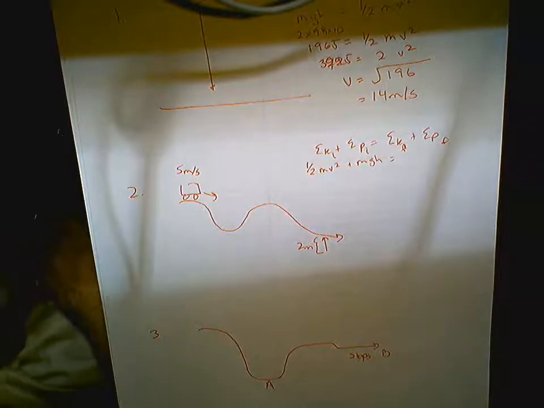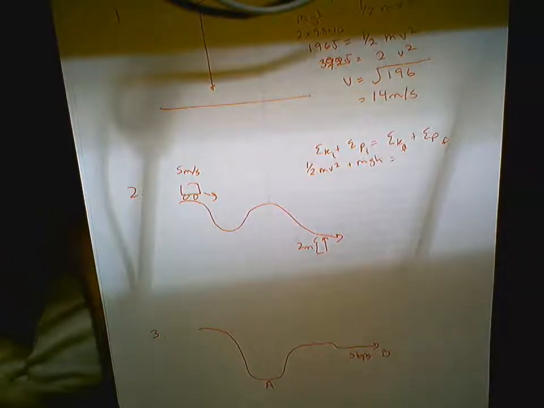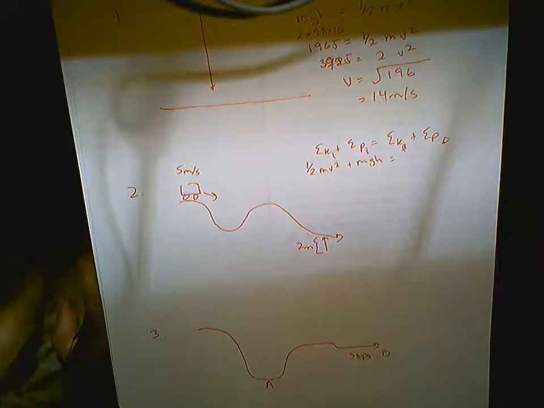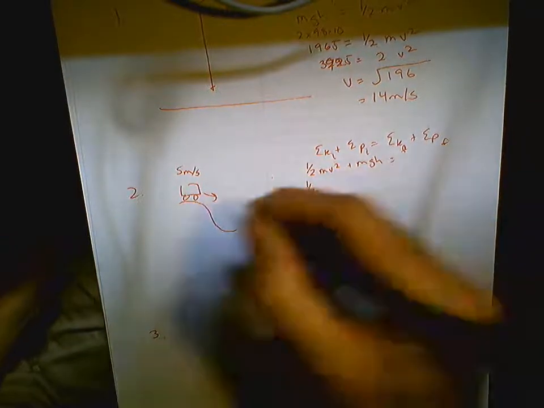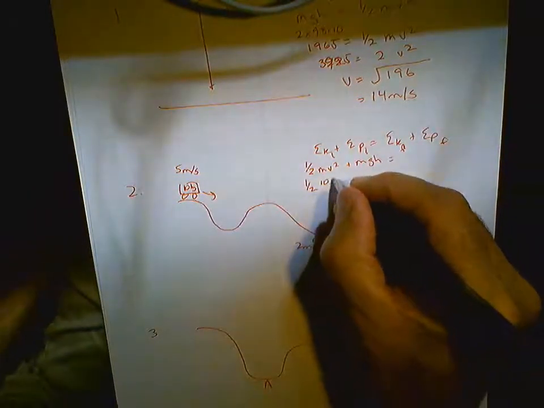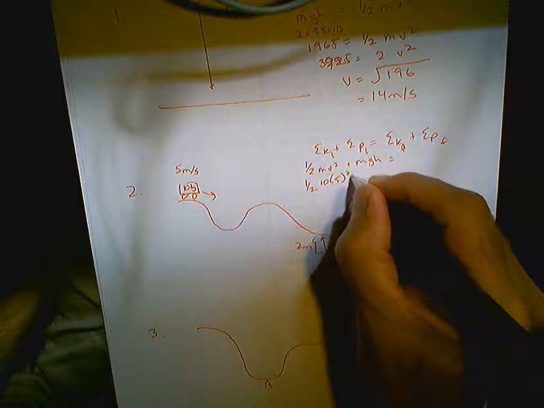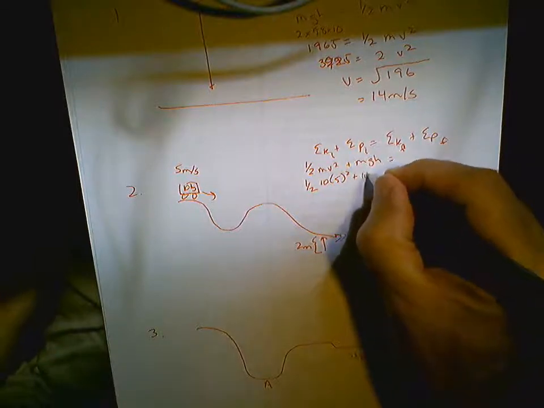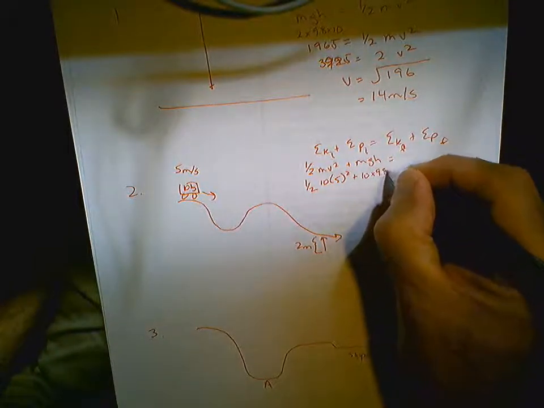I always try and get the total energy in the system first. So I go up to the highest height that we are in the problem, and I look at our potential energy and see if we have any kinetic energy. So we've got half, let's say that this weighs 10 kilograms. We've got half times 10 times 5 squared plus 10 times 9.8.